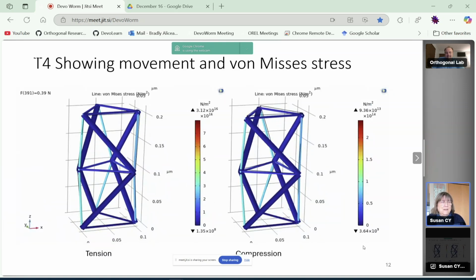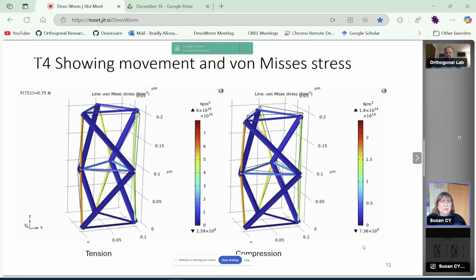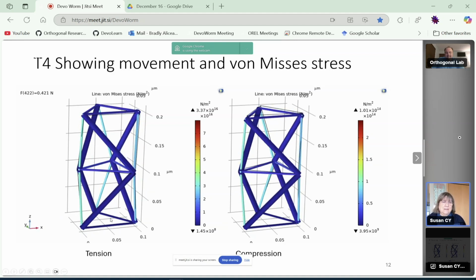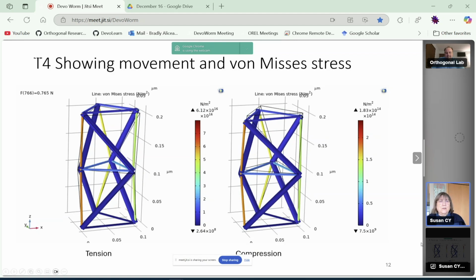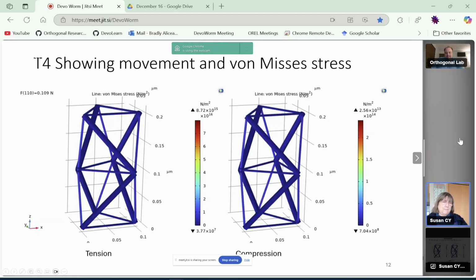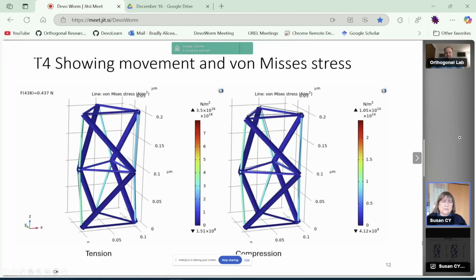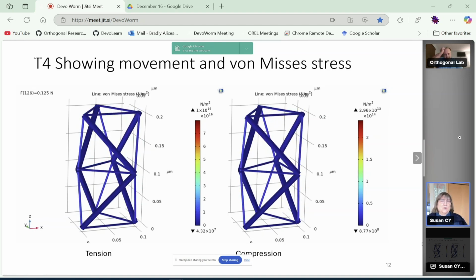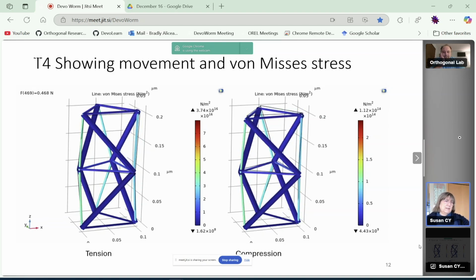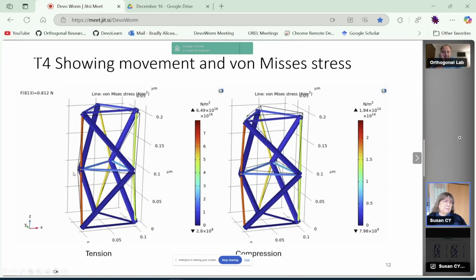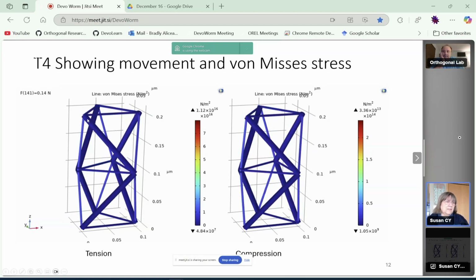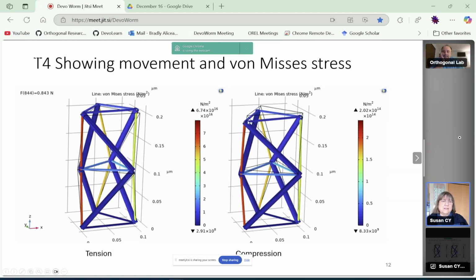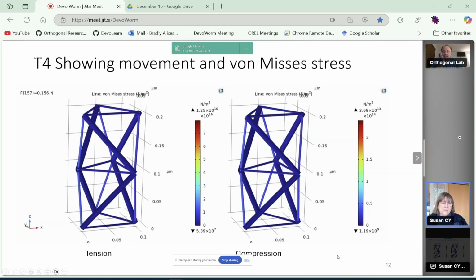And this is a T4 tensegrity, again showing tension and compression with the stress shown in colors. As it becomes tensioned, there's more stress on the strings. These are the strings here, and these are the bars. And same here, these are the strings, and these are the bars, and the whole thing is in tension.